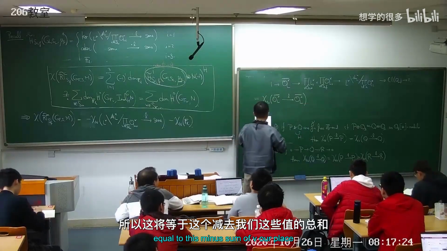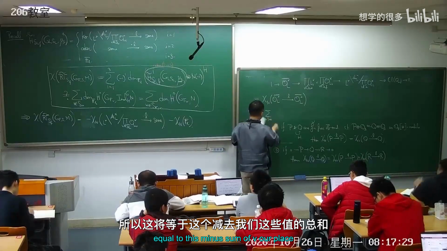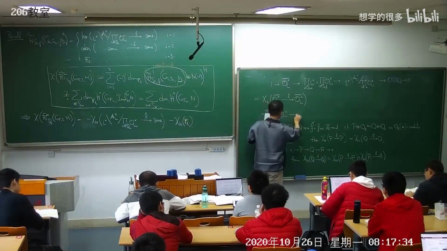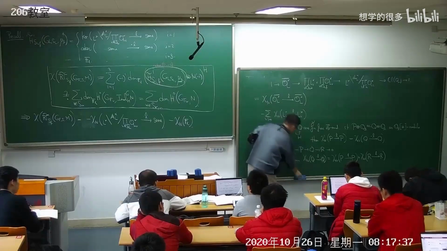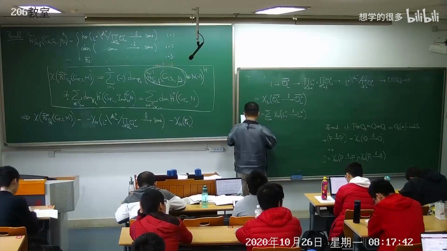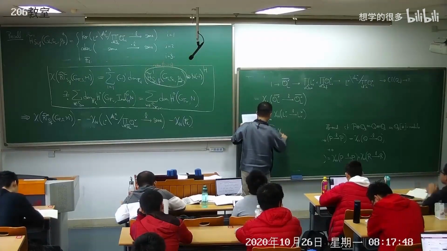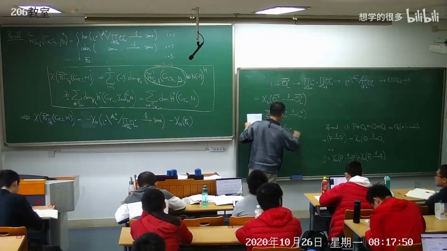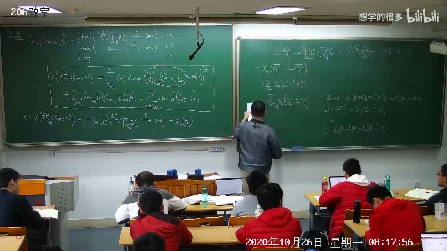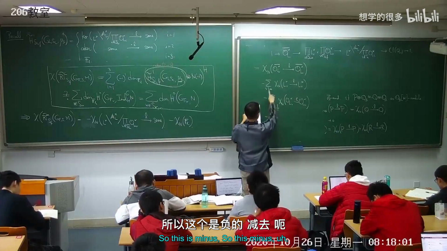That's going to be equal to this minus sum of V Archimedean places.